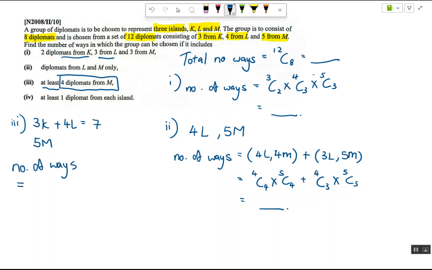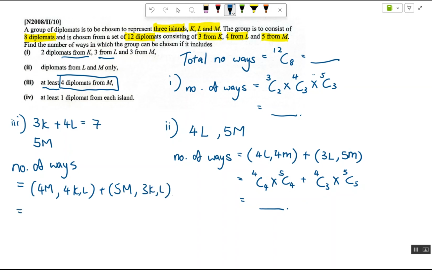The number of ways is going to be: if I choose 4 persons from M, I can have 4 persons from K and L together. Or if I have 5 persons from M, I'm going to pick 3 persons from K and L together.